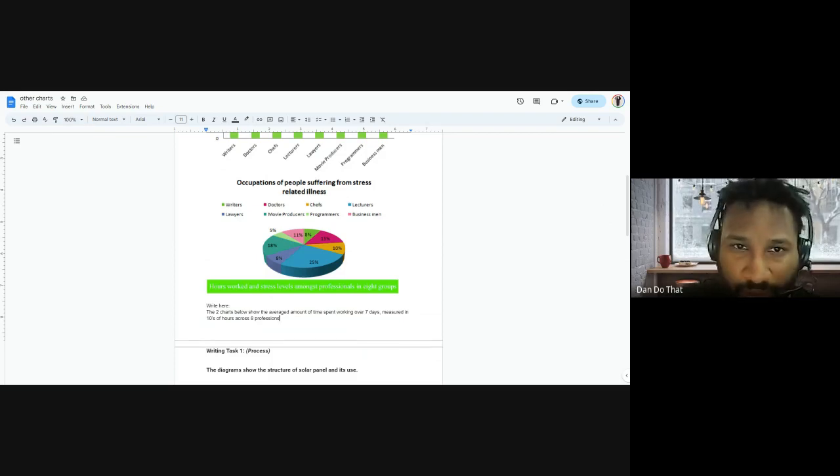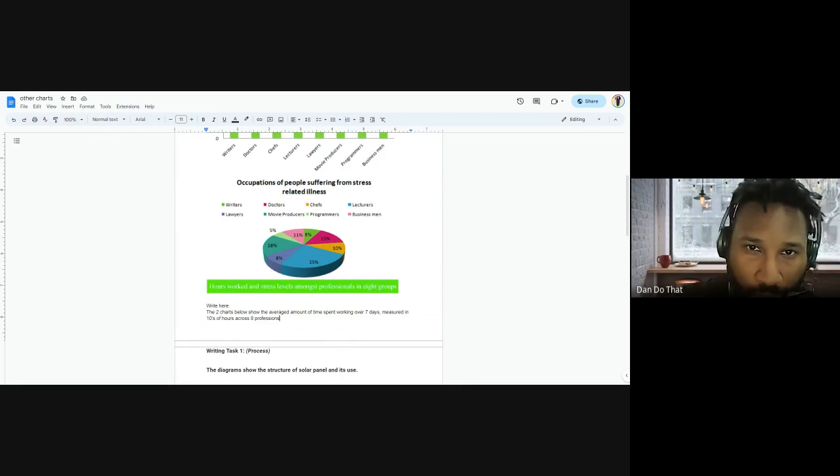Here, it looks like these are not all white collar jobs across 8 professions. Some white collar, right? Businessmen, programmers. I don't know if movie producers are, they're money men.